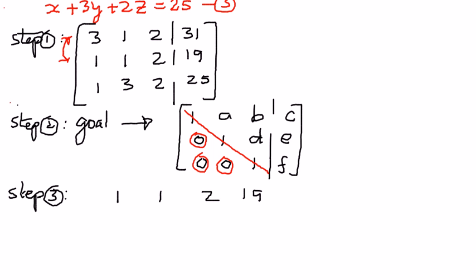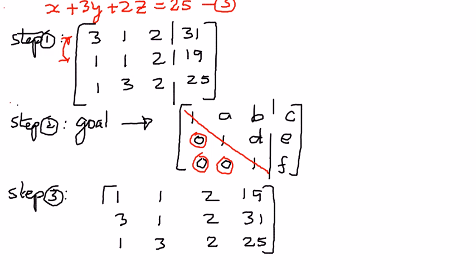We are writing the second row as the first row now, and we're going to write the first row as the second row, which is 3, 1, 2, 31. And the third row will be the third row. We're not changing that. 1, 3, 2, and 25.